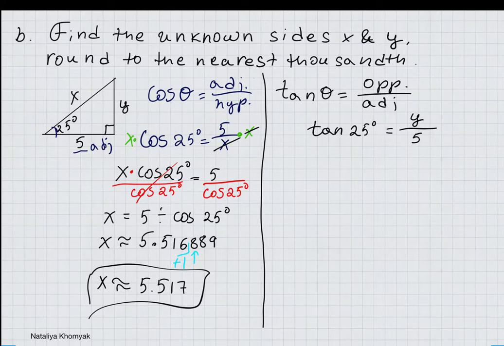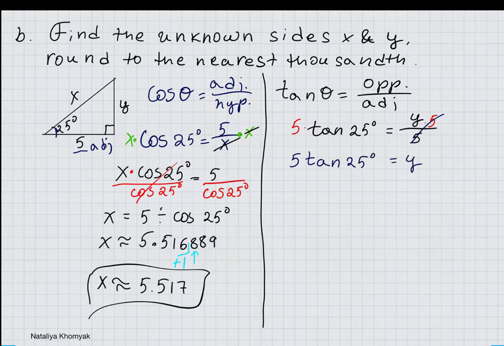We are solving for y, and y is being divided by 5. The opposite would be to multiply by 5. Whatever you do to one side, you do the same thing to the other side. 5 and 5 will cancel, and we have 5 times tangent of 25 degrees equals y.